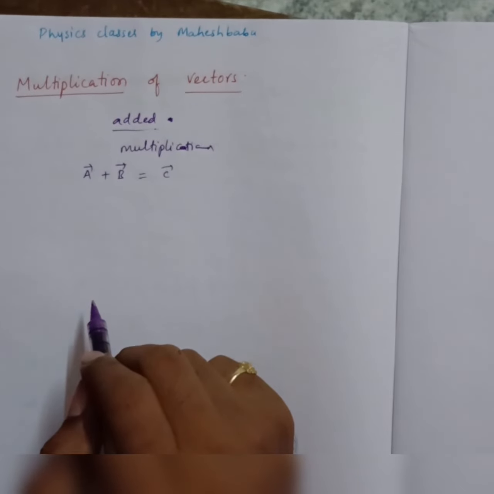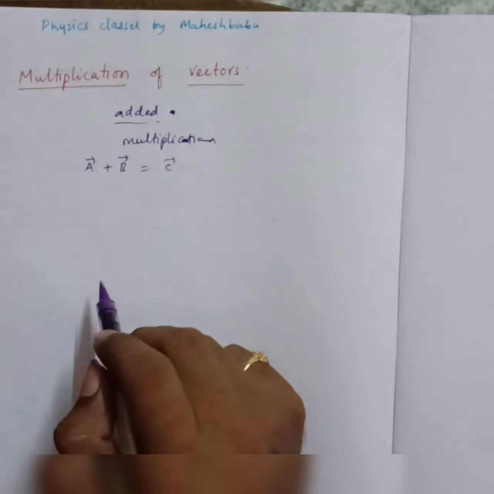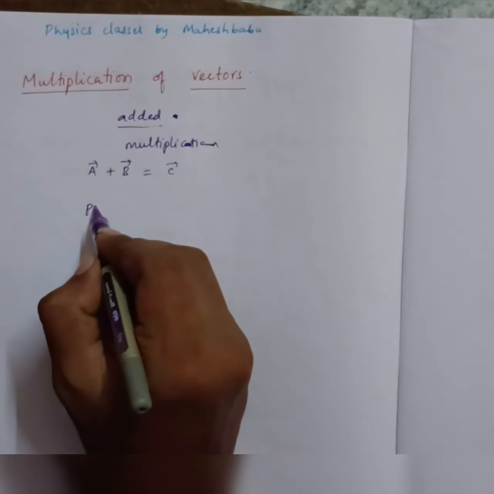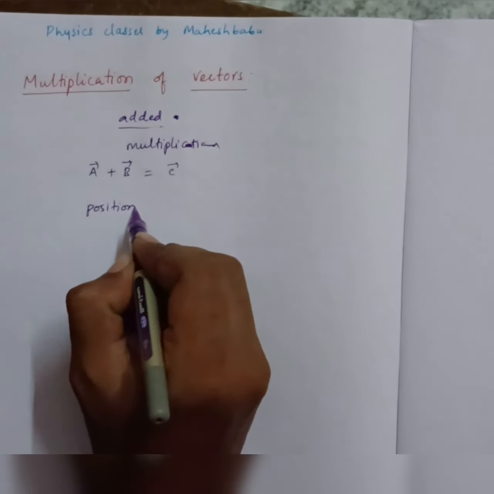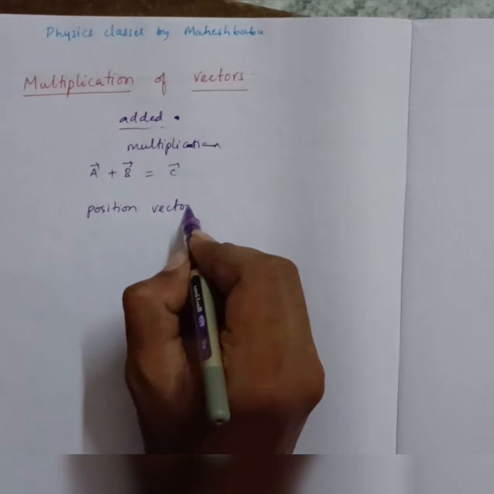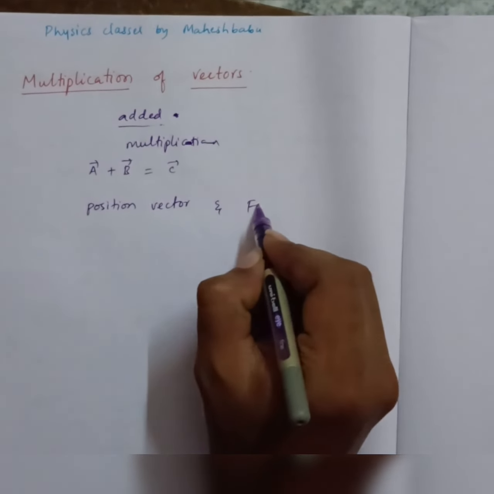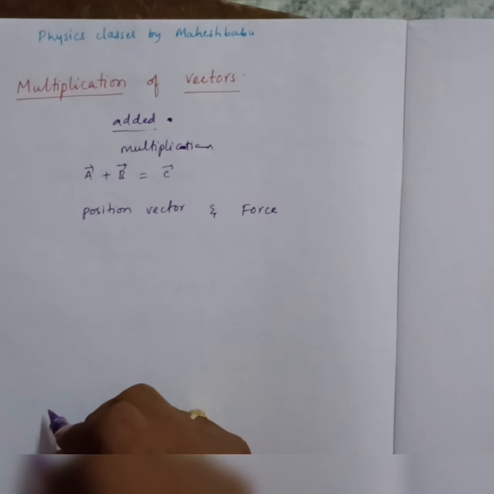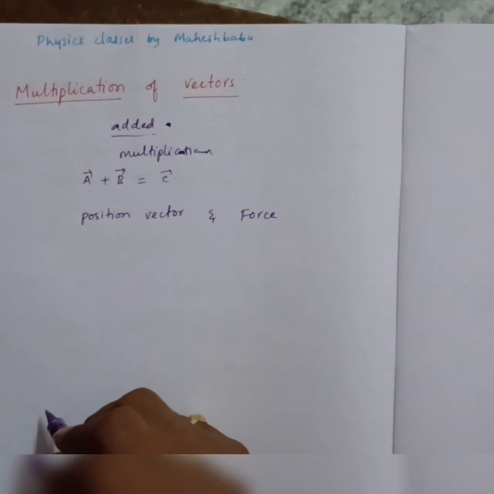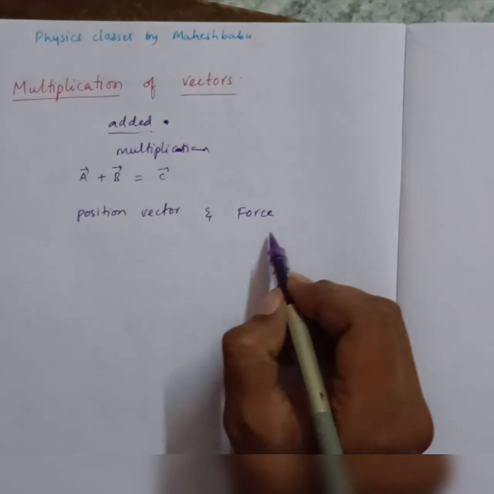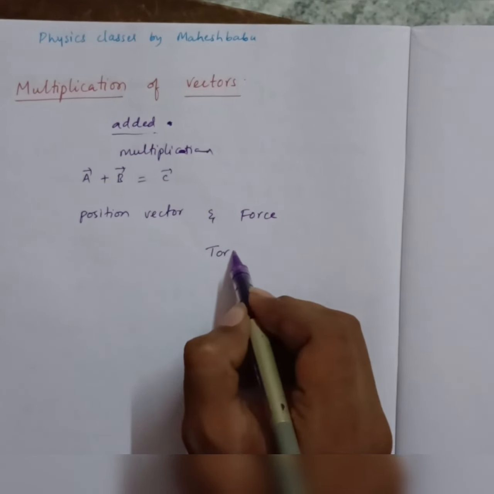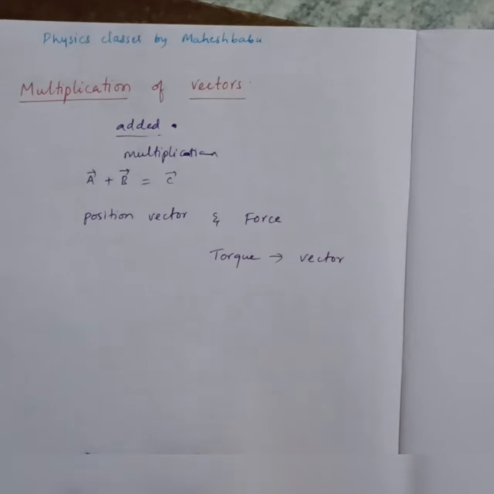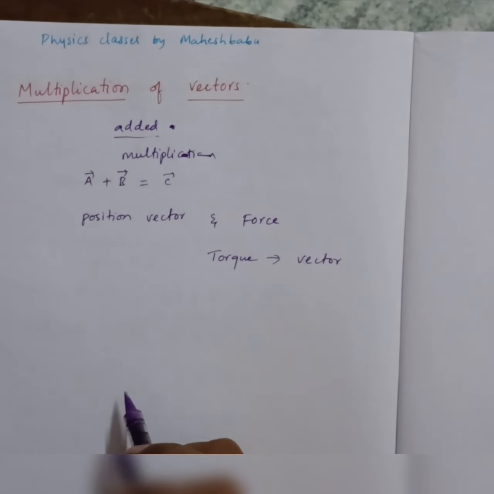For example, if we take two physical quantities, position vector and force vector, and multiply these two, we will get torque. It's a vector quantity.